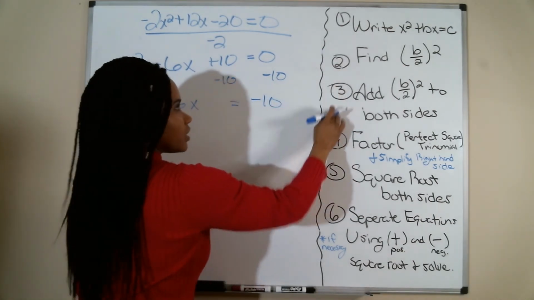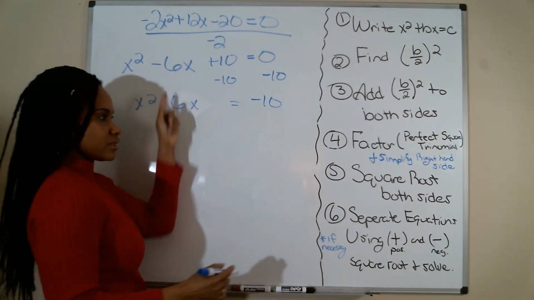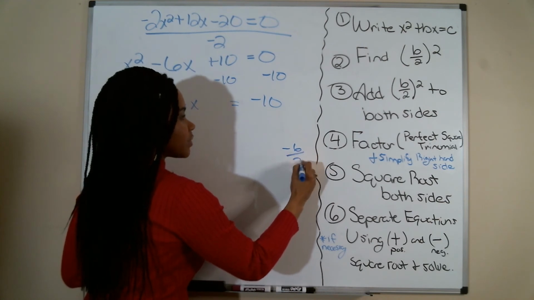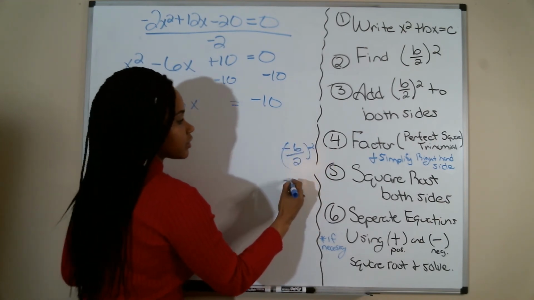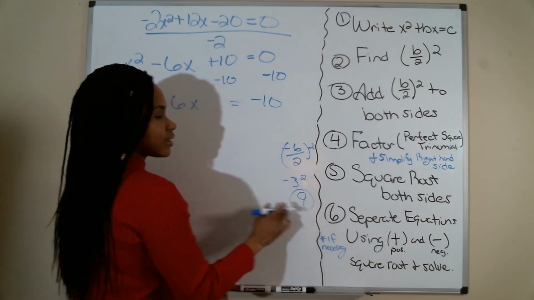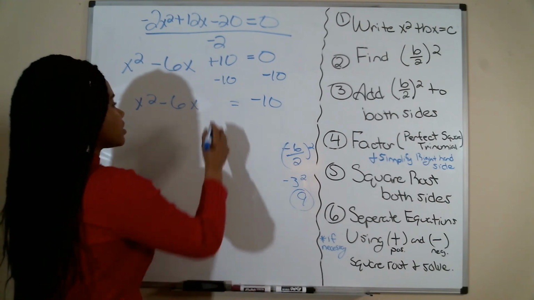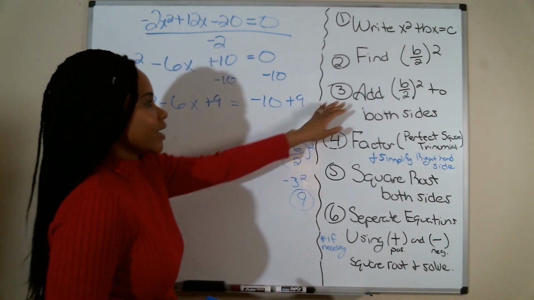So I've done step 1. Find b over 2 squared. My b is now -6. So -6 divided by 2 squared. -6 divided by 2 is -3. So -3 squared is 9. So that's going to be plus 9 on both sides, because I'm adding that to both sides.